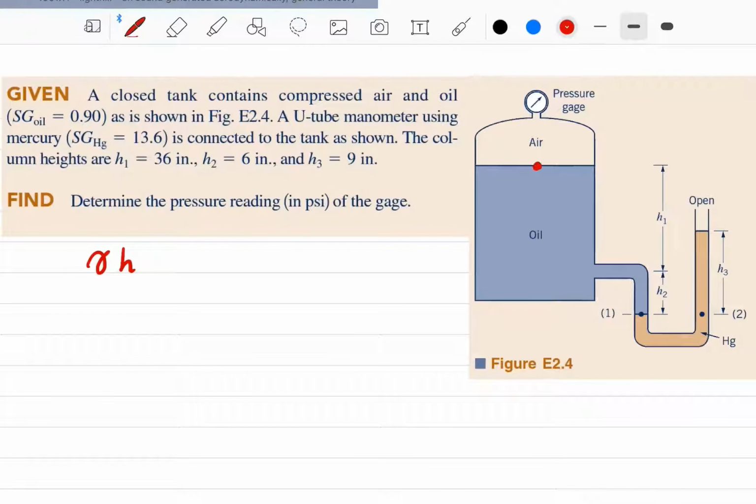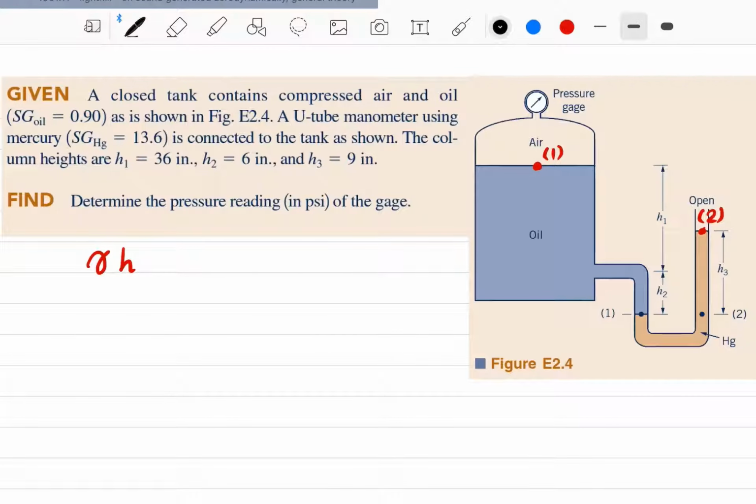So for example, we can pick here point 1, and this would be our point 2. The pressure at point 1 is what we want to obtain. The pressure at point 2, since it's open to atmosphere, has an absolute pressure equal to atmospheric pressure, which means that the gauge pressure at point 2 would be 0.